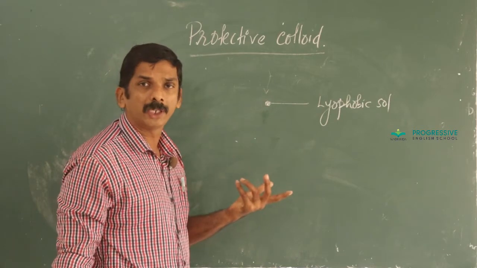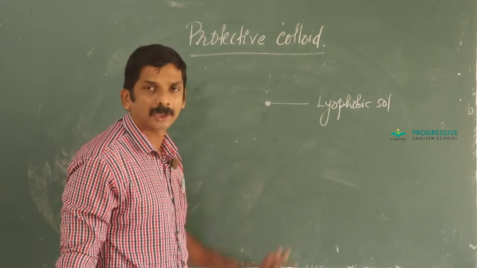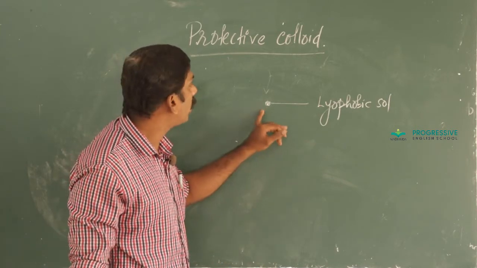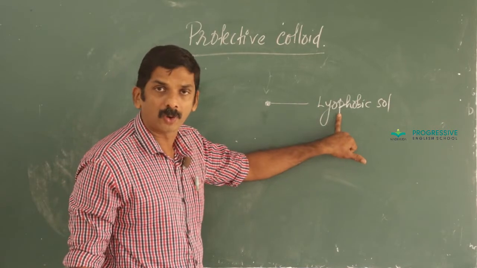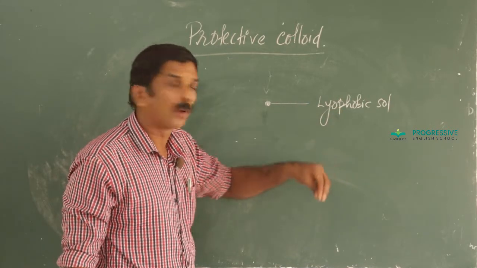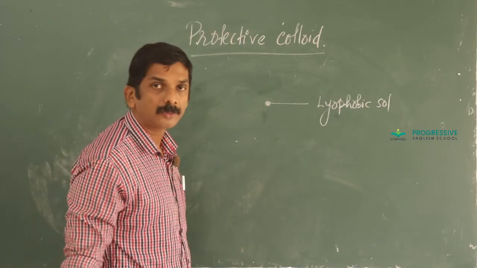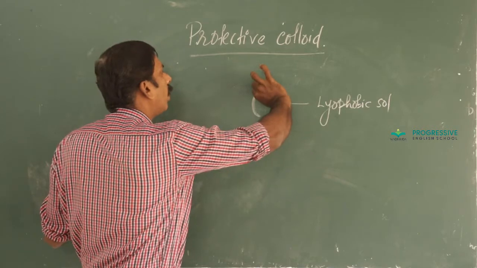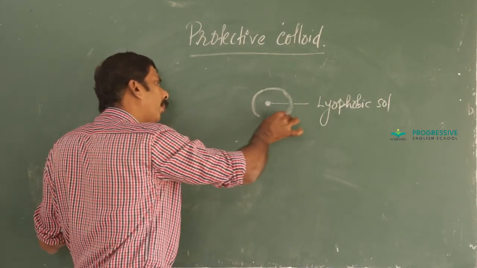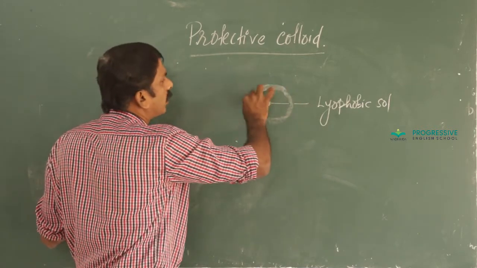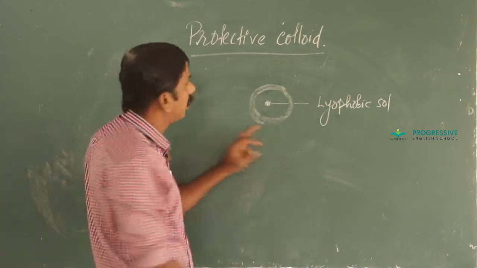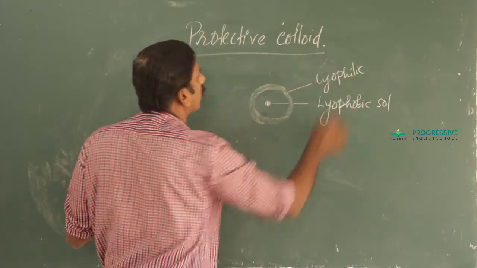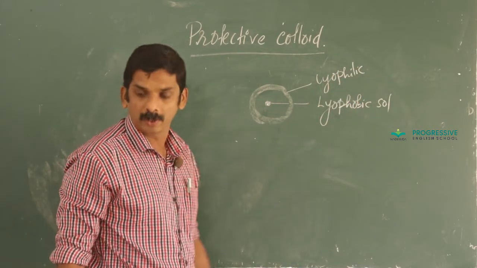Immediate coagulation takes place because they are less stable. In order to prevent the coagulation of lyophobic sol, some lyophilic sol is added. It is believed that this lyophilic sol makes a protective layer over the lyophobic and prevents the lyophobic from coagulation.